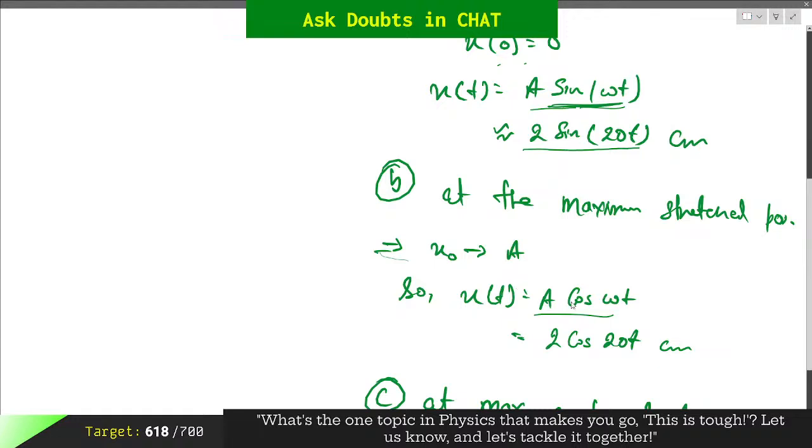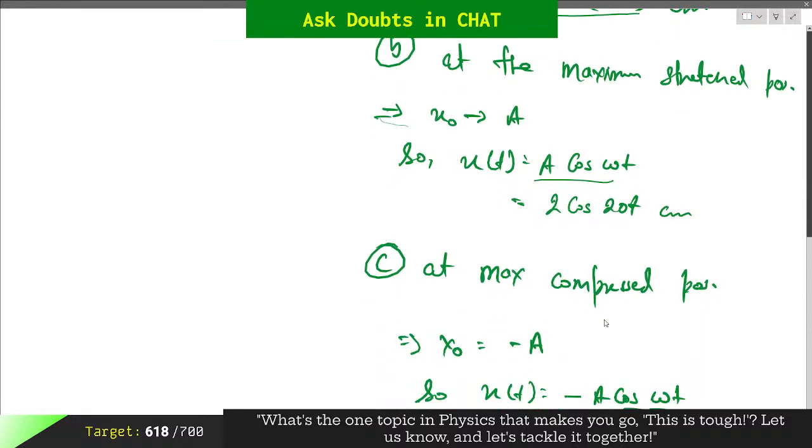We have taken a cos omega t so that at t equals 0 we won't get into the mess of the phi, that is the phase constant. So it would be equal to 2 cos 20t. We can also interchange into sine and cosine form using a trigonometric identity.